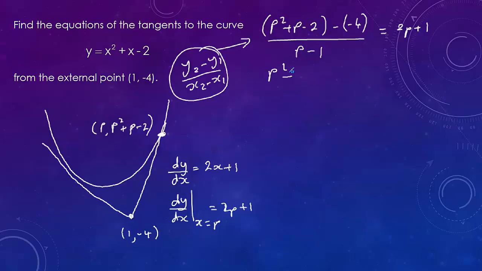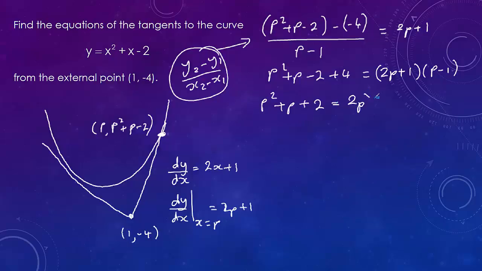So that's p squared plus p minus 2 plus 4 is 2p plus 1 times p minus 1. So p squared plus p plus 2 is equal to 2p squared minus p minus 1.